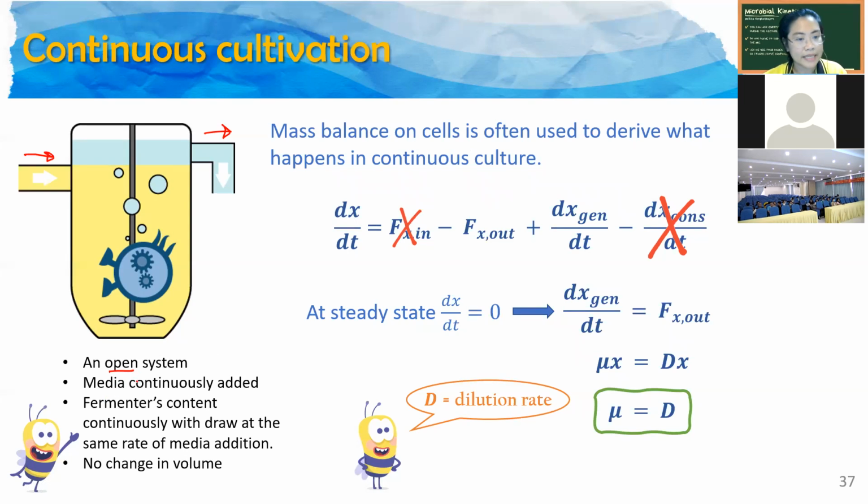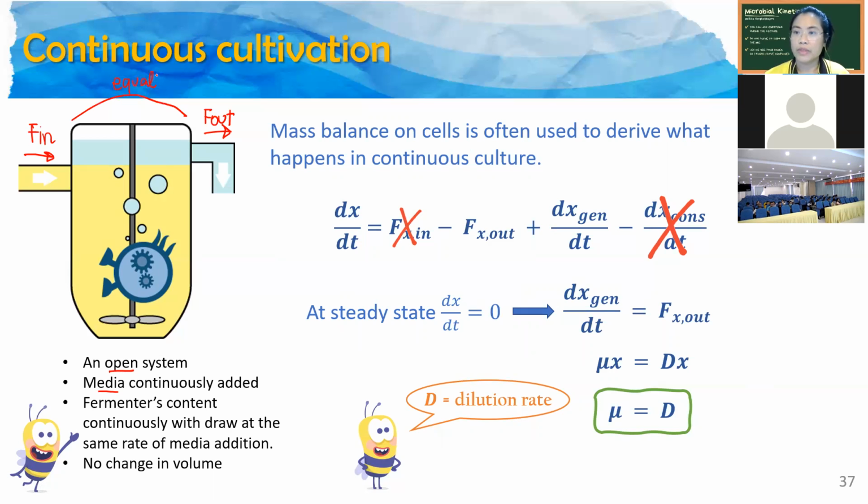And yes, the media is continuously added, okay? But at the same time, you withdraw the fermenter content out as well. The point in continuous cultivation is that the flow rate going in is equal to the flow rate coming out.